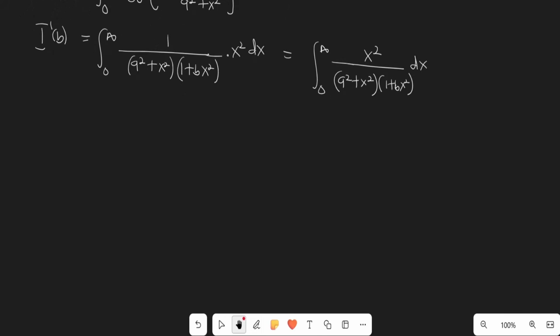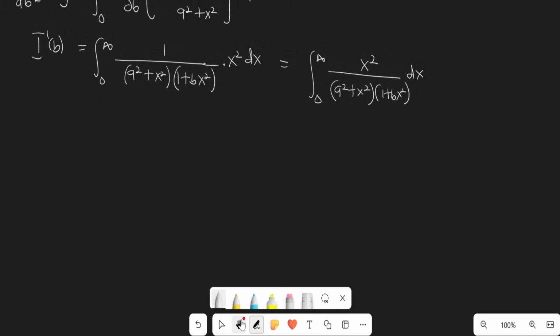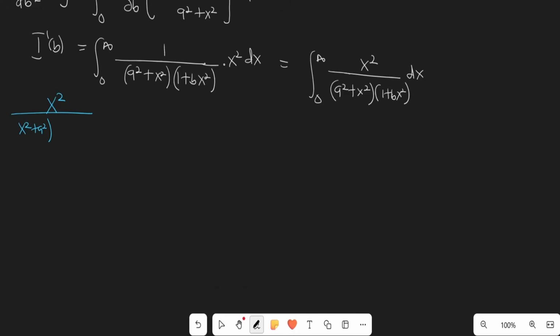Cool stuff. And now we have to decompose this using partial fractions. So this one is x squared all over x squared plus a squared, multiplied by 1 plus bx squared.